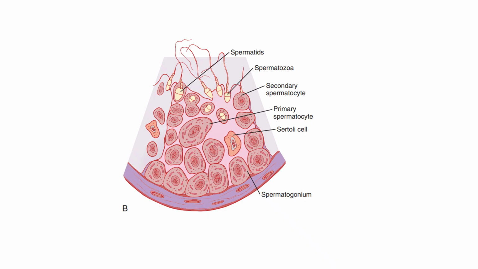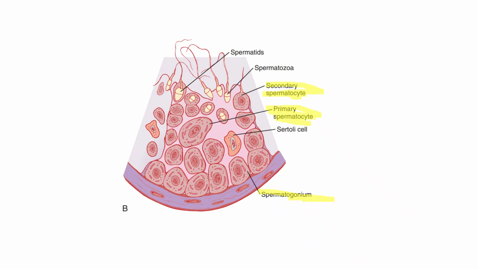Spermatogonia are the stem cells located at the periphery of the tubule that initiate spermatogenesis, and the primary spermatocytes are the cells that arise from spermatogonia, and these primary spermatocytes undergo meiosis 1 and form secondary spermatocytes.